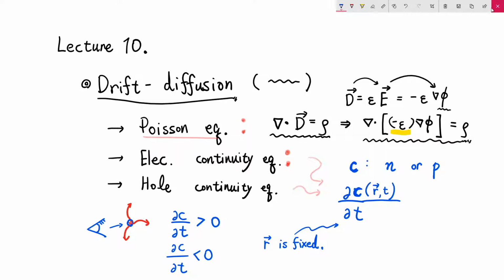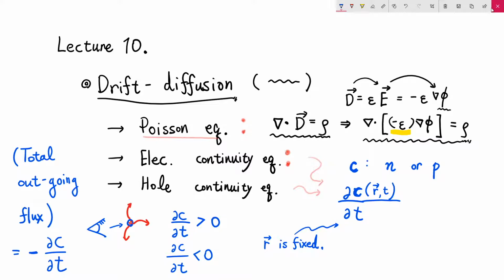So simply speaking, the total outgoing flux, the flux escaping from this observation point, is really related to our time derivative of C. If we have a positive outgoing flux, that will be reflected as the minus of partial C over partial t.